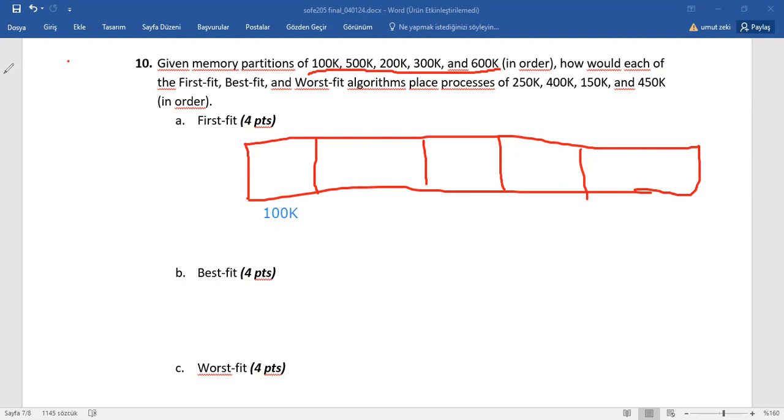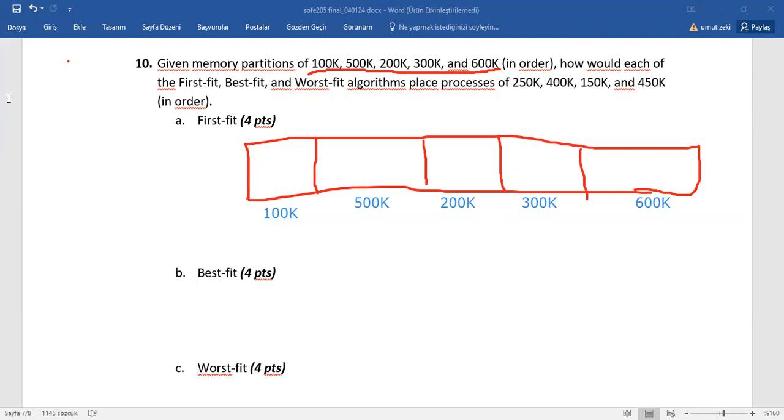Let me write. So think about there are different partitions. This is 200K, 300K, and 600K. Okay.